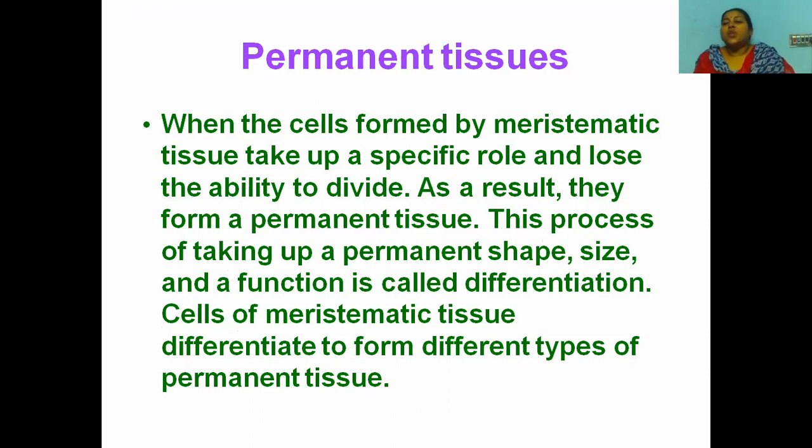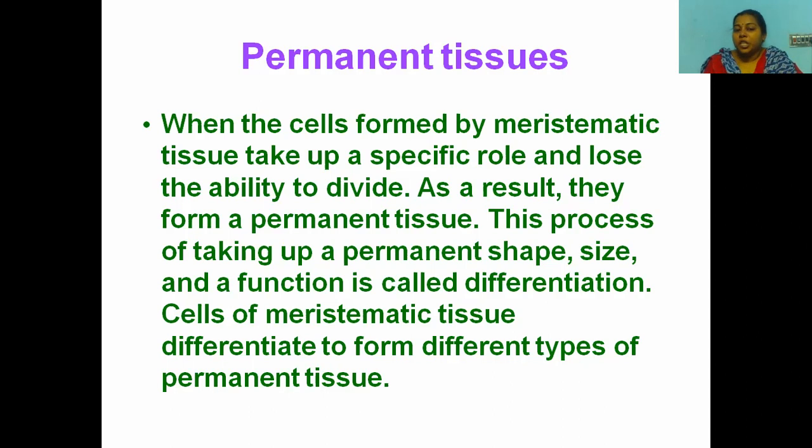When the cells formed by the meristematic tissue take up a specific role and lose the ability to divide. Actually, children, these meristematic cells divide to give new cells, no? Finally, at a certain stage, a cell may lose its dividing capability. So finally, it will become a permanent cell. That is how they form permanent tissue. This process of taking up a permanent shape, size, and function is called differentiation.